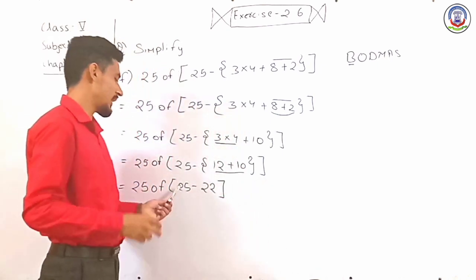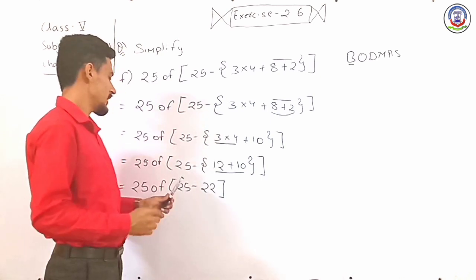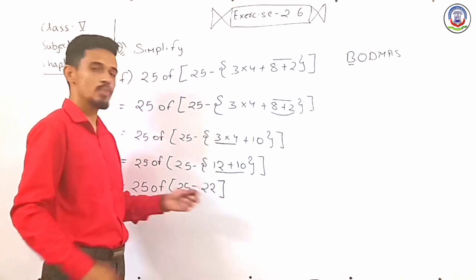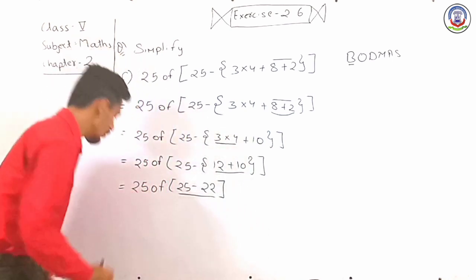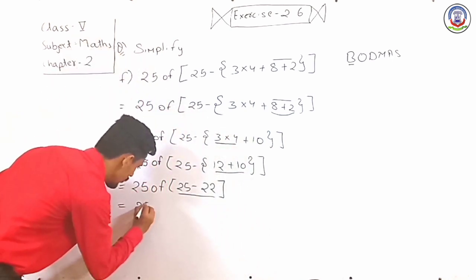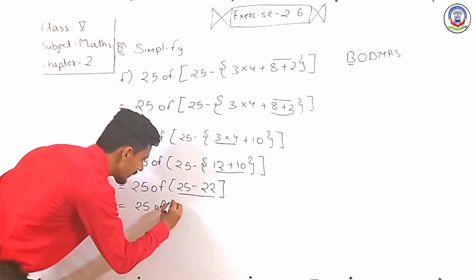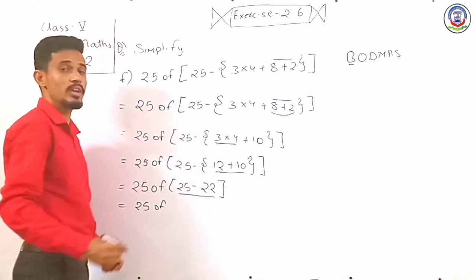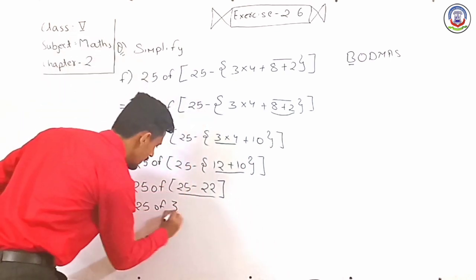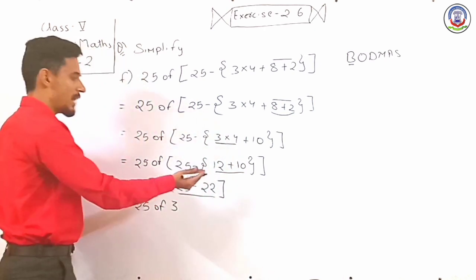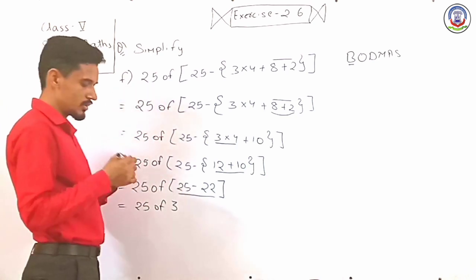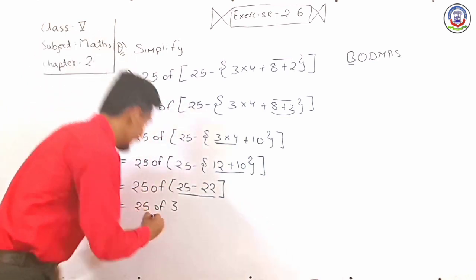Next we have the big bracket, that is the box bracket. In this we have 25 minus 22, which is 3. So we write here 3. Now lastly, after brackets we have to solve of.